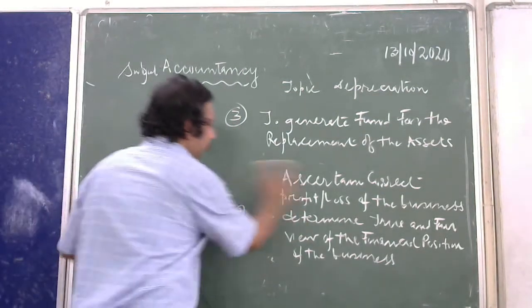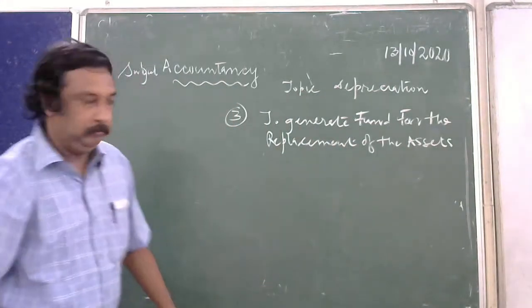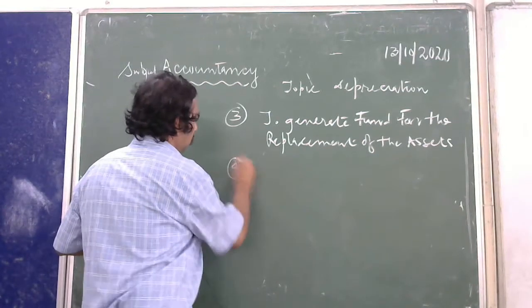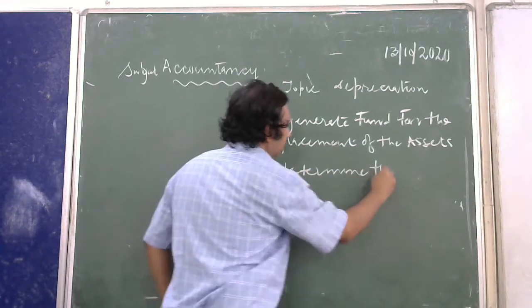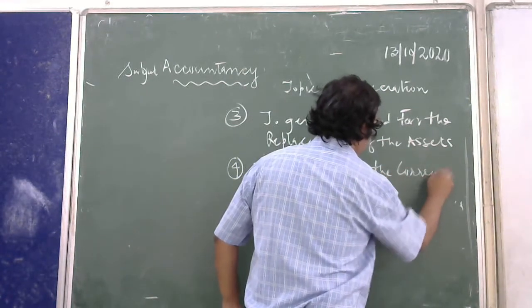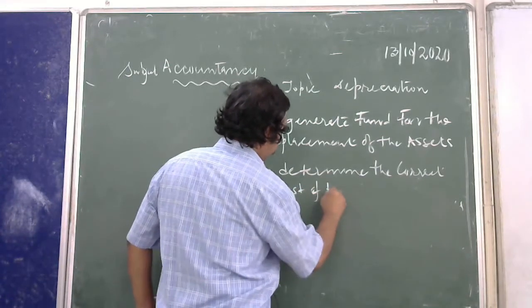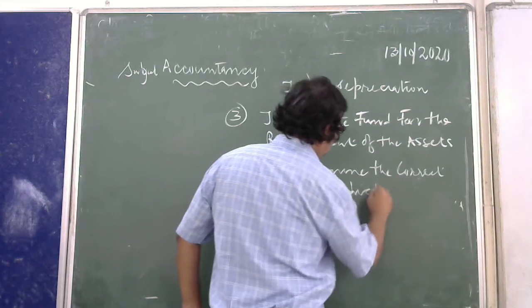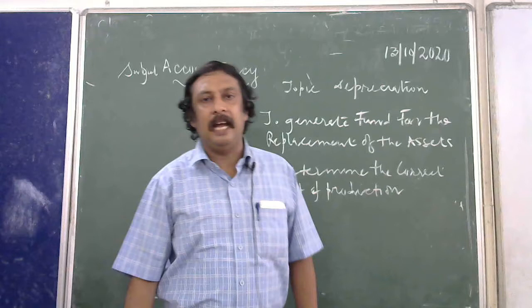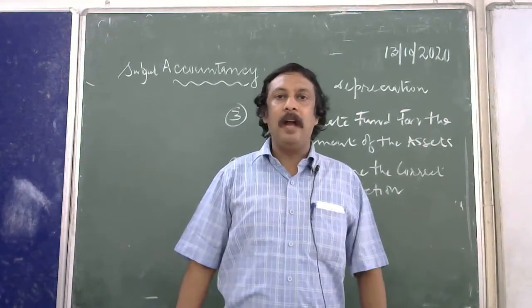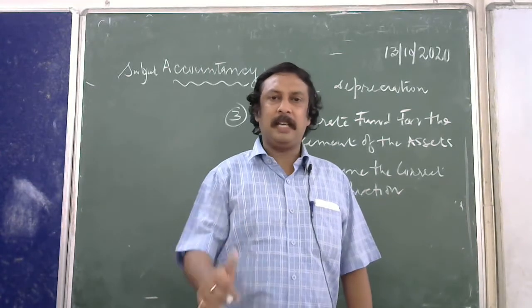Next, to determine the correct cost of production. Now, depreciation is considered an expense while determining the cost of production.